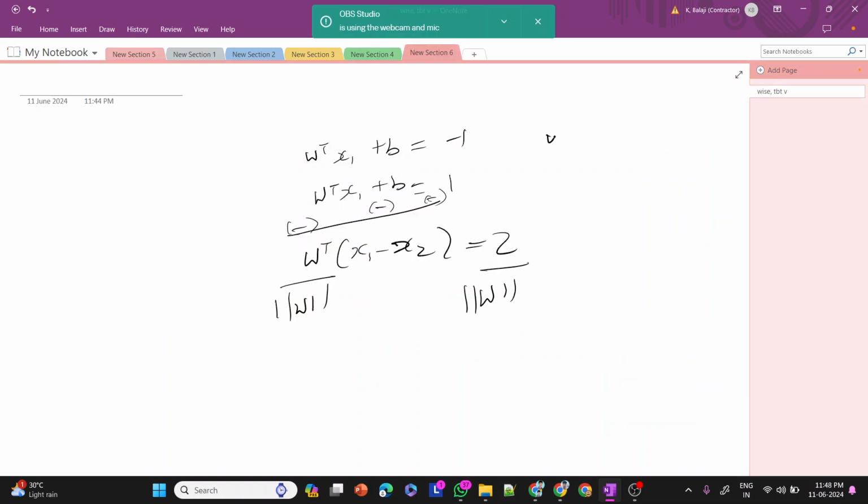That means y is equal to +1 whenever the output is greater than 1, and y equal to -1 whenever the output is less than or equal to -1.